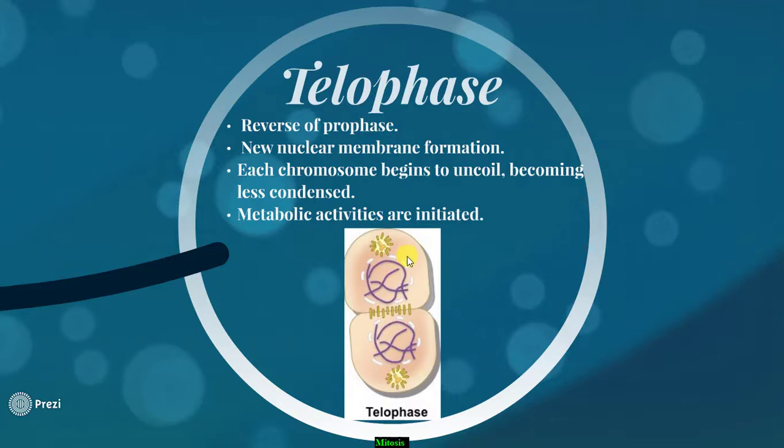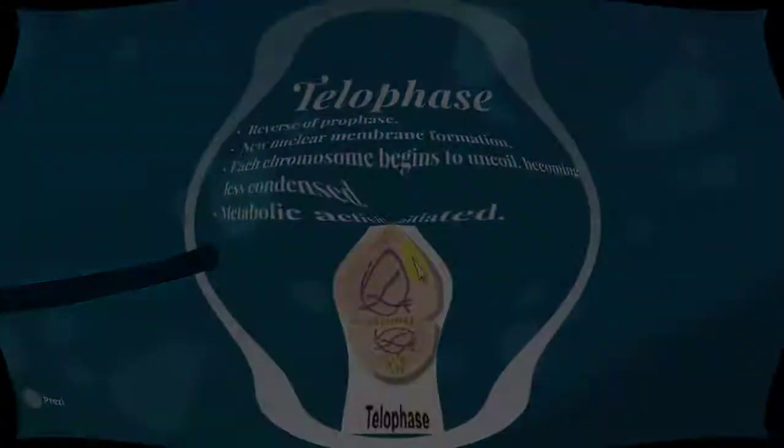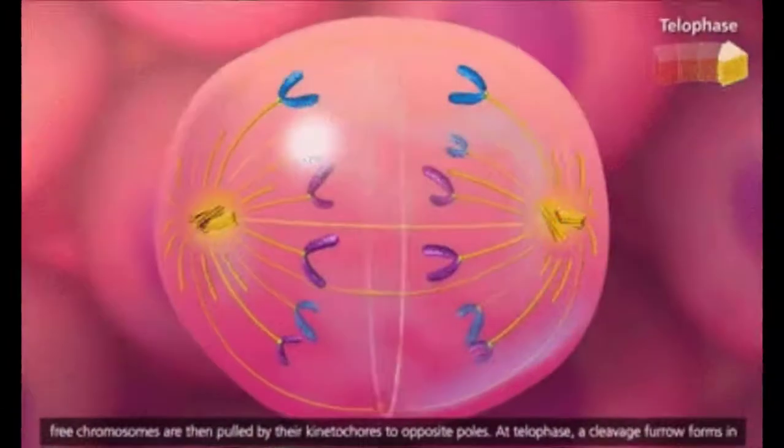And there will be initiation or start of metabolic activities. I mean, like mitochondria start producing ATP, or the Golgi body starts packaging. Briefly, all organelles start their functionality.